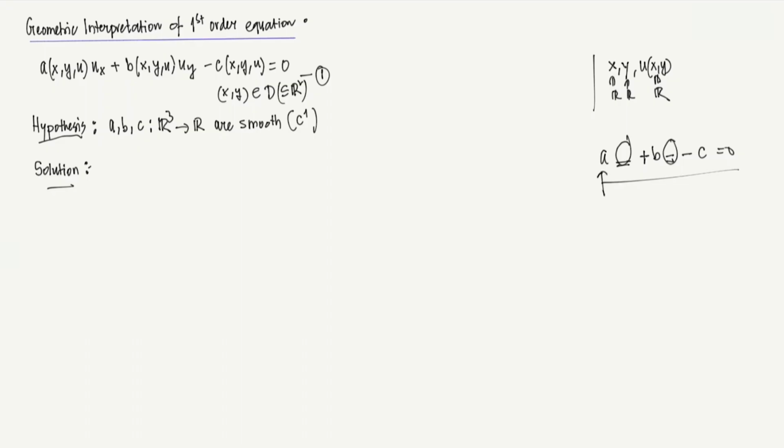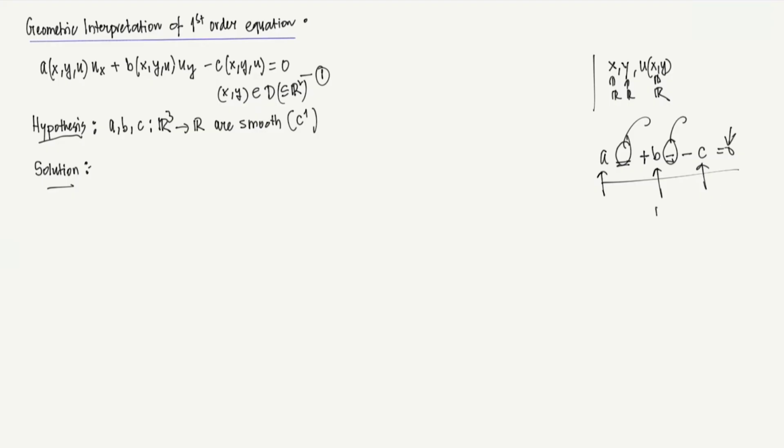Essentially A is a continuously differentiable function, C1. B is a continuously differentiable function and C is also a continuously differentiable function. And we want ux and uy to exist in such a way that the sum is equal to 0. 0 is again a smooth function which we can think of as a C1 function.